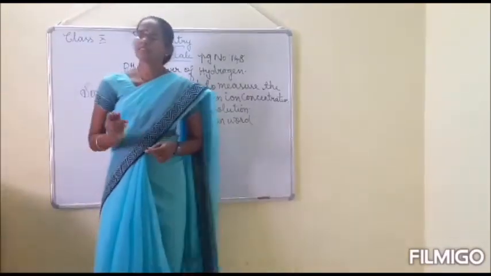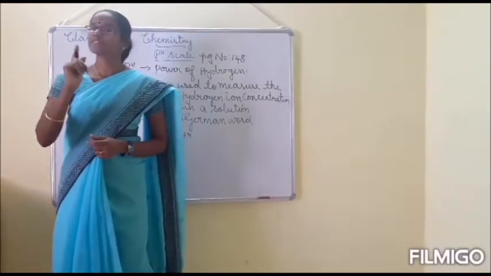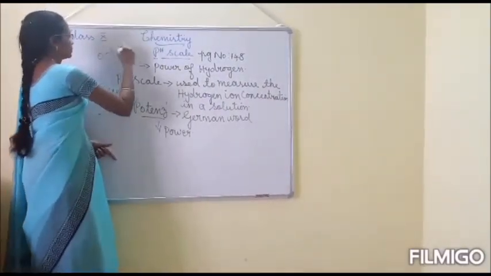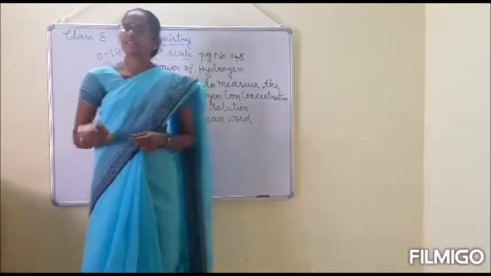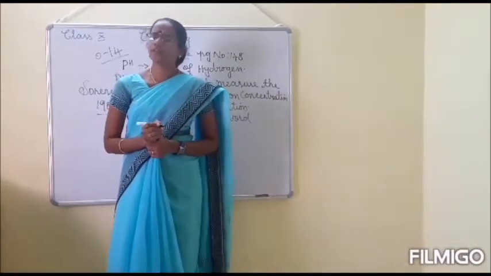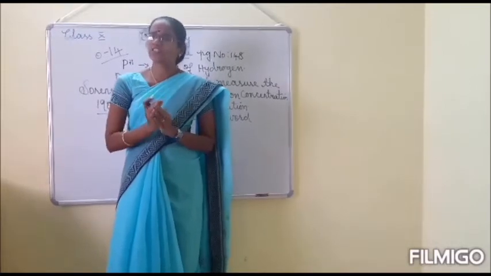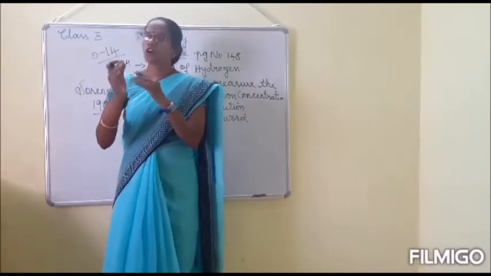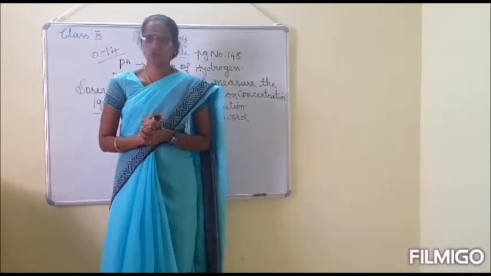The pH scale is a set of numbers from 0 to 14, which is used to indicate whether a solution is acidic or basic or otherwise neutral.